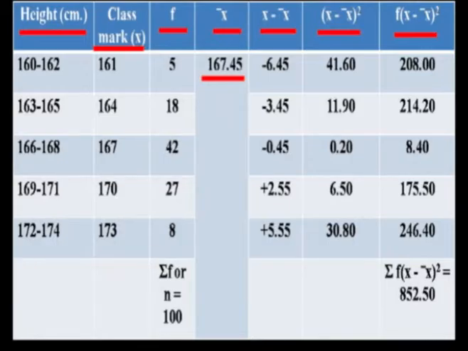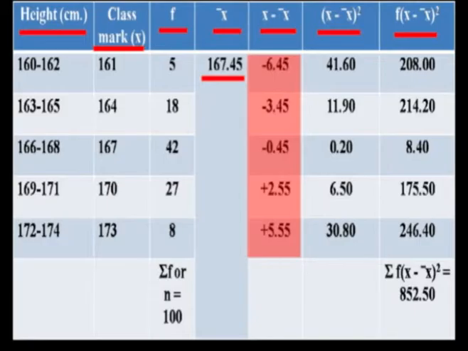The first one is minus 6.45, the second is minus 3.45, and so on. In the next column, I have squared this deviation, (x minus x bar) whole square. And in the last column, I have multiplied the corresponding frequencies with the squared differences.